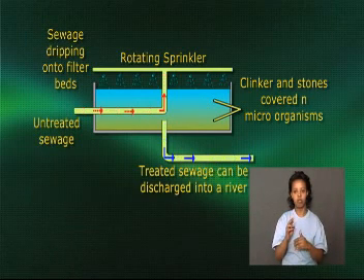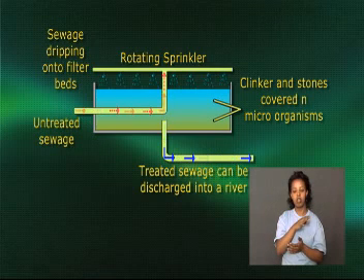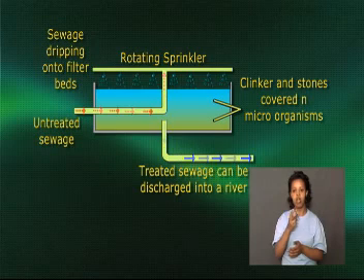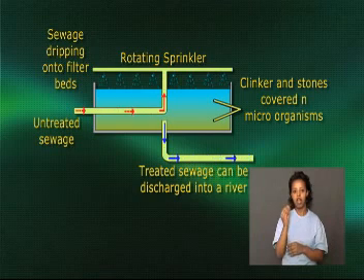As you can see in the diagram of the percolating filter tank, the sewage is sprayed over stones, which are covered in microorganisms. The sewage trickles through the stones and is filtered. The microorganisms digest the organic material.